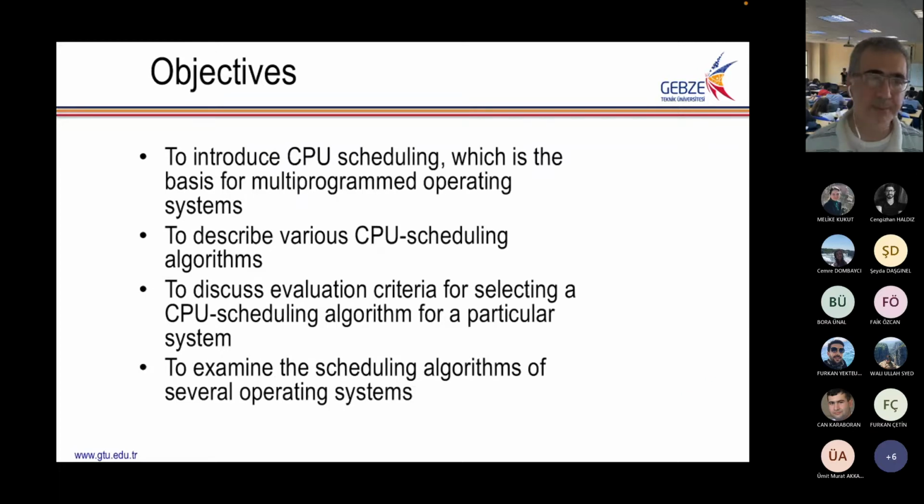So the idea is the reason for CPU scheduling. Why do we need CPU scheduling, and how do we do CPU scheduling? Why do we have different algorithms, and how do different algorithms perform?